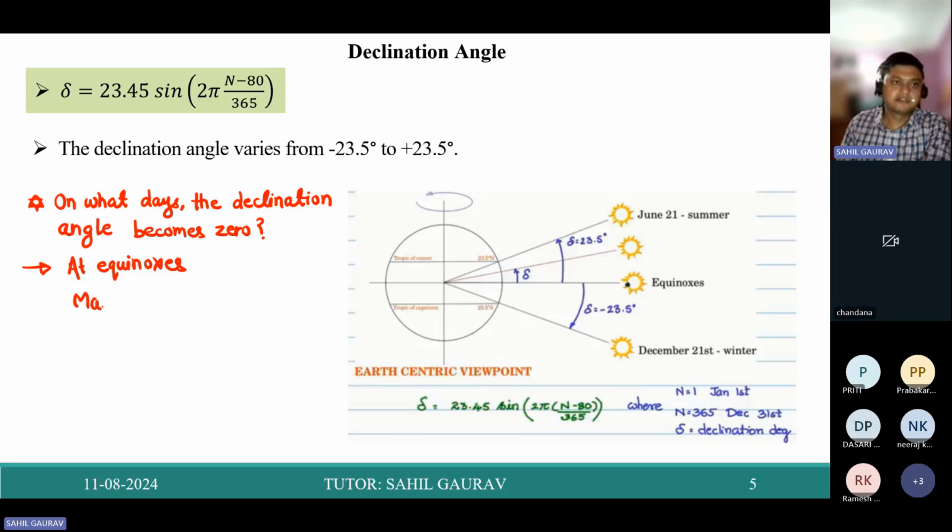The spring equinox is on March 21, and September 21 is the autumn equinox.